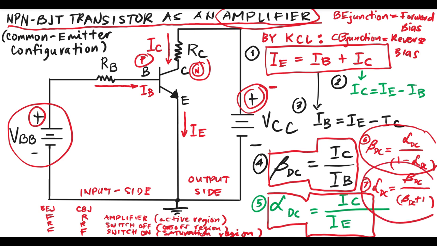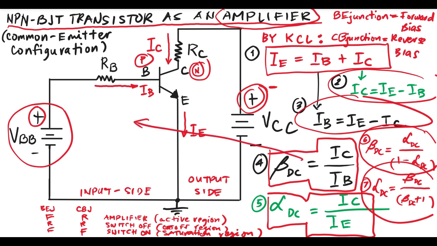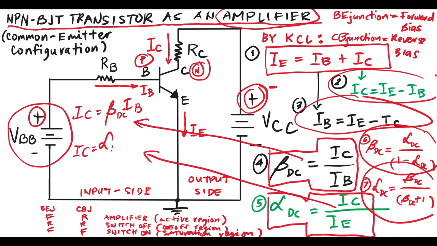So these are actually only four formulas, but from the first formula, we could get the formula for IC and the formula for IB. From here, we can get the formula for IC, which will be equal to beta multiplied by IB. And from here, we can also get the formula for IC, which will be equal to alpha multiplied by IE.